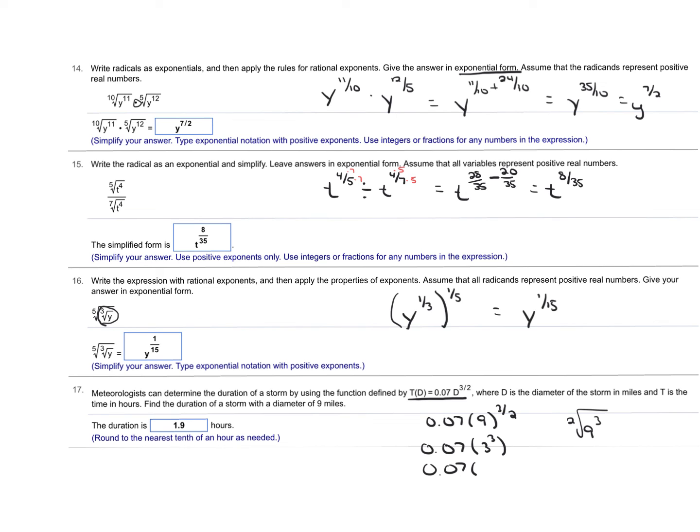So 0.07 times 27 is 1.89. Rounded to the nearest tenth, we get 1.9. Okay, you could type this whole thing in your calculator as well, just like this.